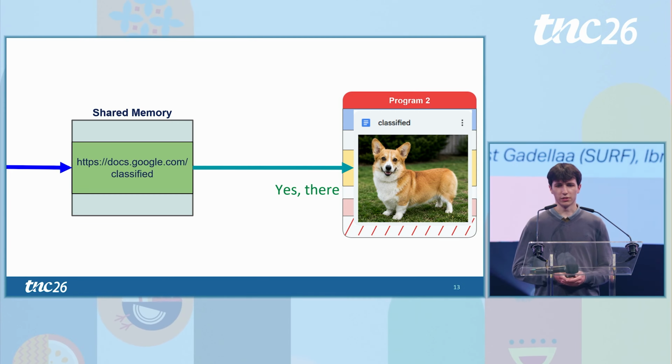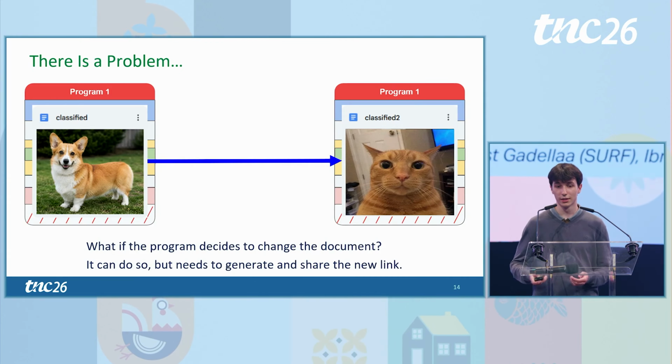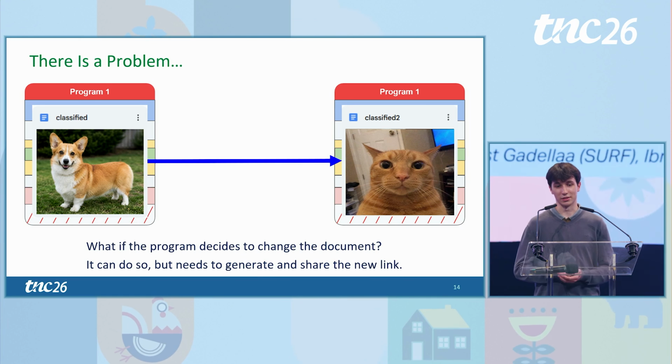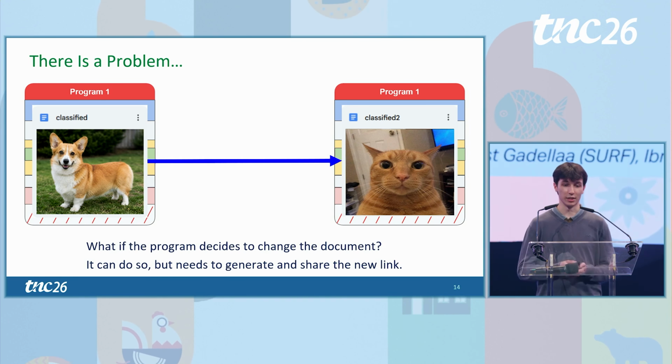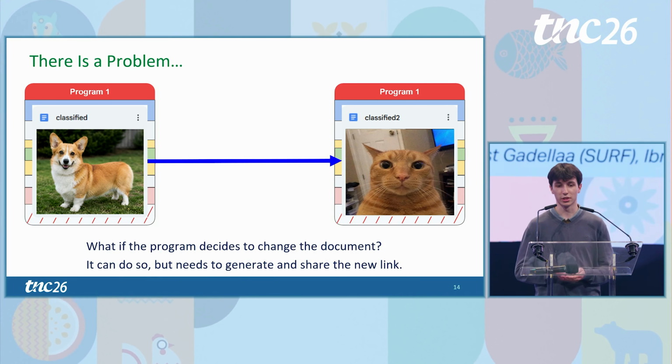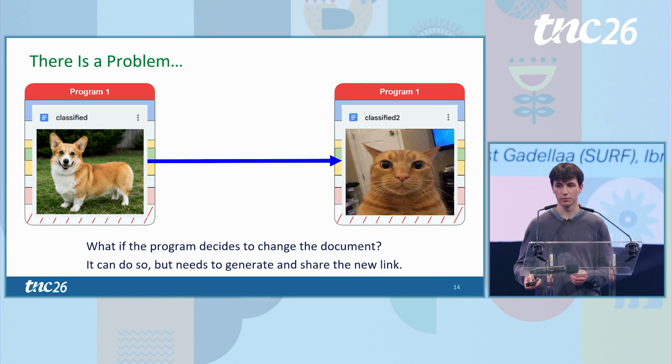Namely, what if any program decides it needs to make certain changes to the document? For example, changing the dog doc to a cat doc. Well, in our case, it could mean adding a new node to the network. Any program can do so without any issues, but it needs to let every other program know that there was a change.